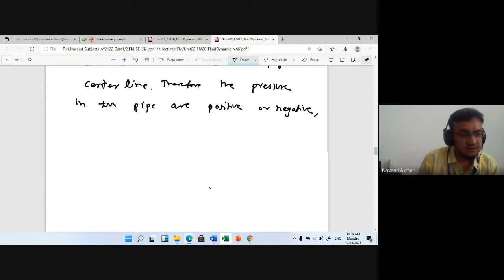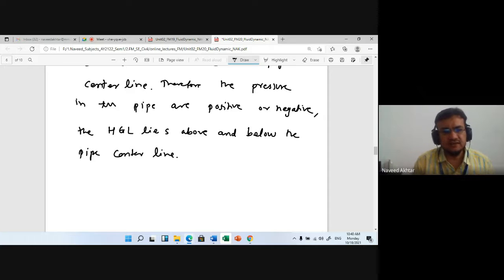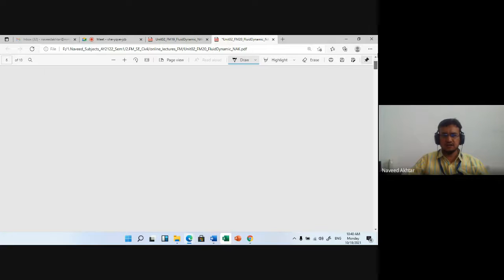The HGL lies above and below the pipe center line. So if it is above the pipe center line, the pressure head is positive.